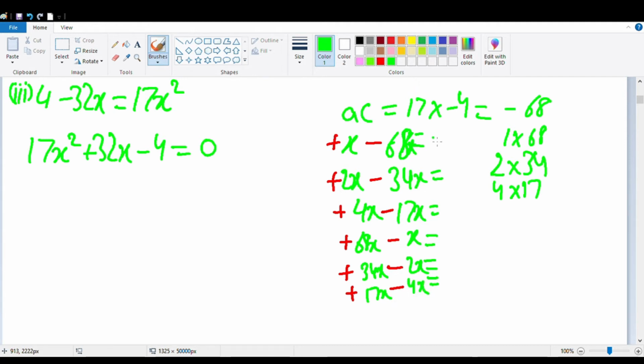So this way, the first case, we're going to get negative 67x, negative 32x, negative 13x, and this way we get 67x positive, this way we get 32x, and this way we get 13x.